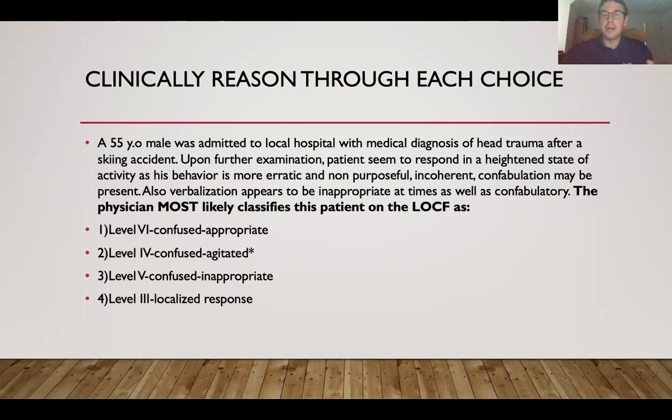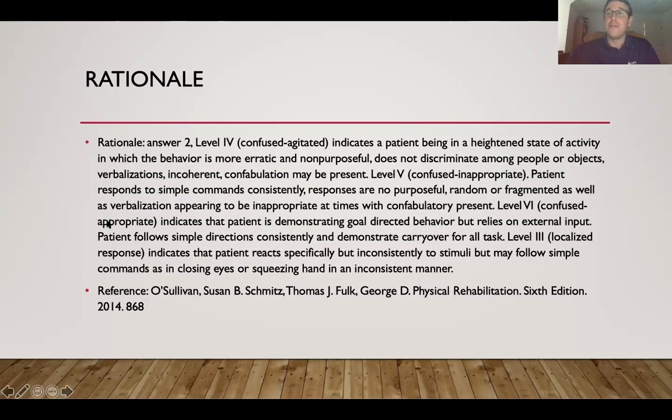We don't have enough information to justify level 3, so we can safely scratch out option 4. What leads us to our final answer, option 2, level 4, confused, agitated, indicating that the patient is in a heightened state of activity in which the behavior is more erratic and non-purposeful, does not discriminate among people or objects, verbalizations incoherent, confabulations present.